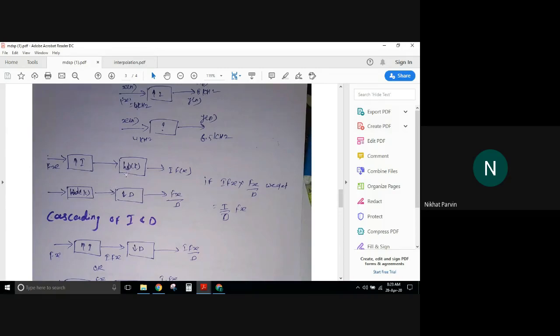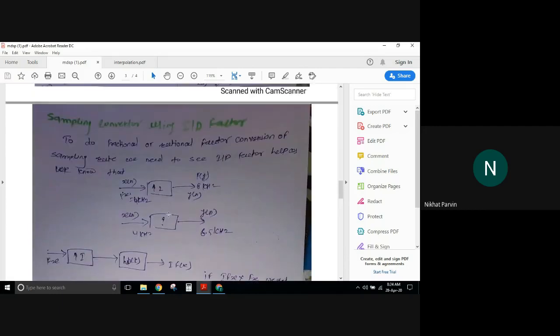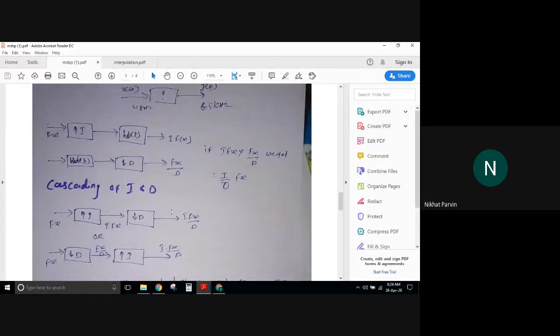That means we are going to cascade upsampling and downsampling, or interpolation and decimation, so as to obtain the fractional sampling rate conversion. So there are two choices: first I, then D, or first D followed by I.